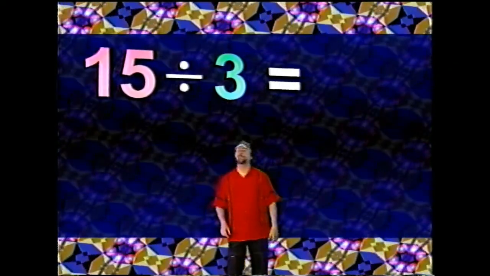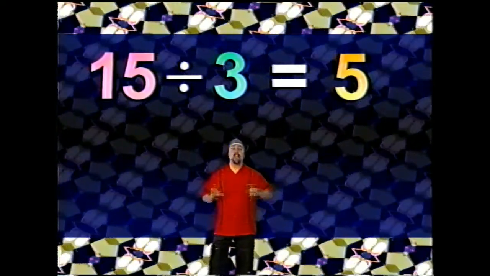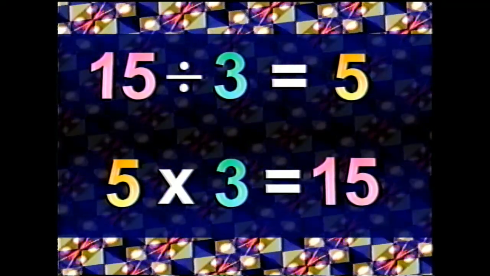15 divided by 3 is 5. Because 5 times 3 is 15. 24 divided by 4 is 6.